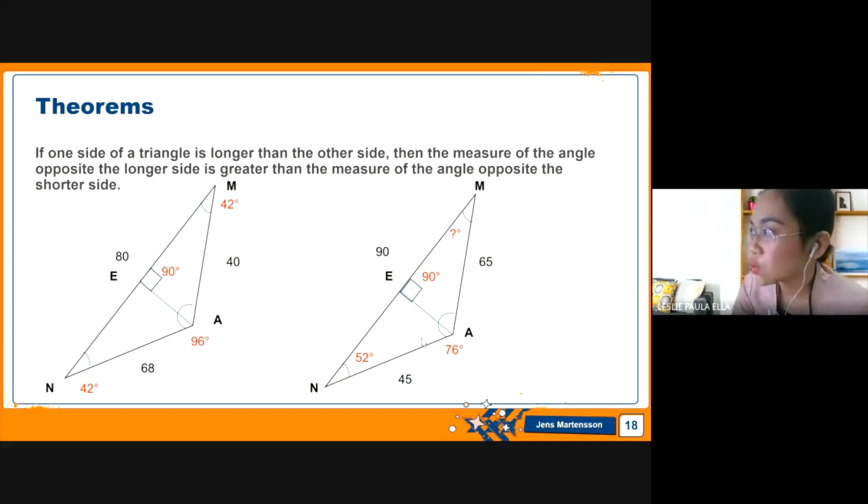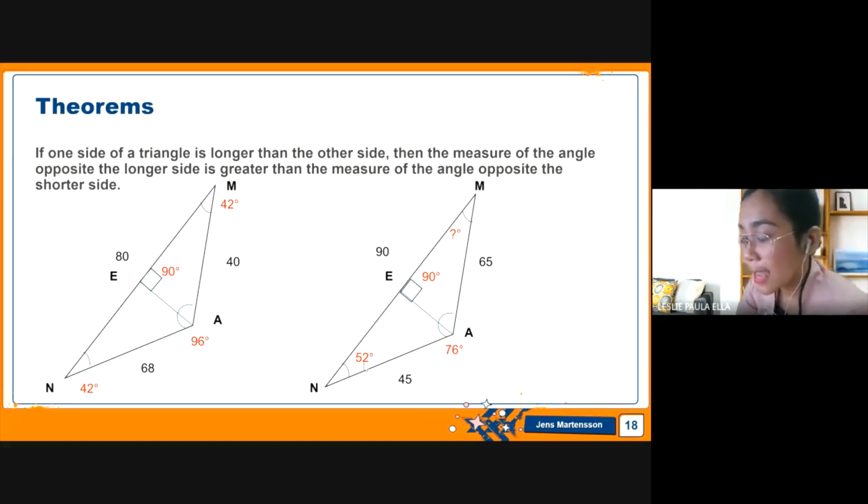So I want you to find the missing value of angle M. I'll repeat: when you add the values of the included angles, the sum should always be 180 degrees.